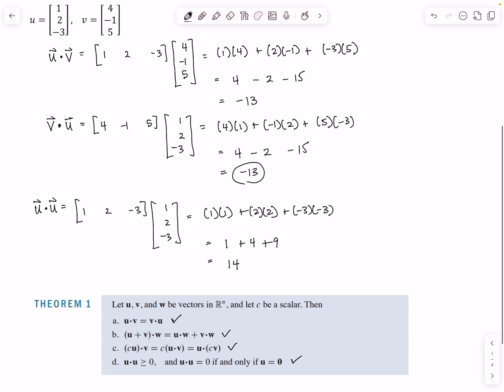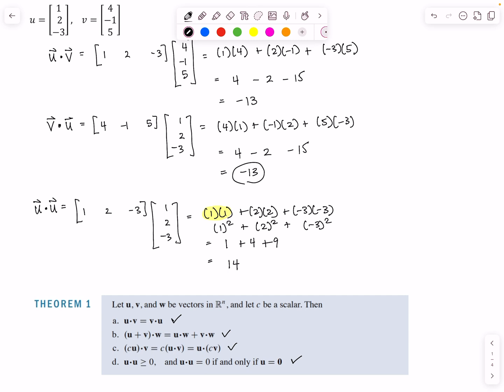Notice that when I'm dotting U with itself, this is just 1 squared, and this is just 2 squared, and this is -3 squared.